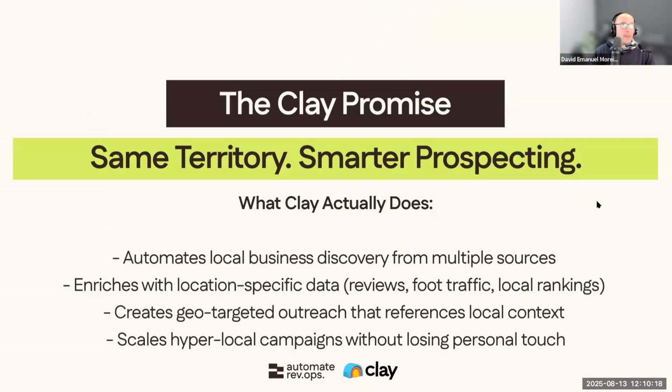So, why Clay for this purpose in particular? Clay has the capability to integrate a database like Google Maps or Yelp into a tool that you can manage, to be able to use that information and modify it to your purposes. Clay can integrate with more than 100 data providers and even LLM models.